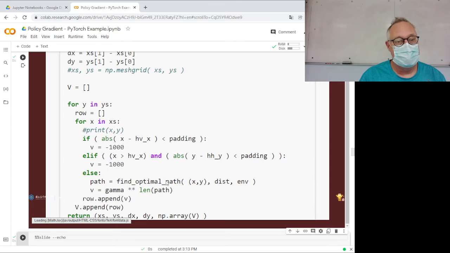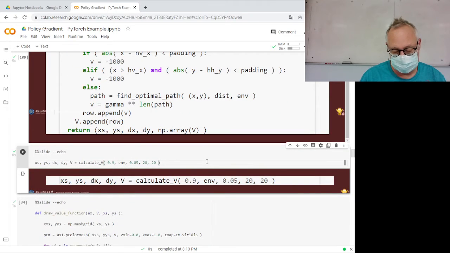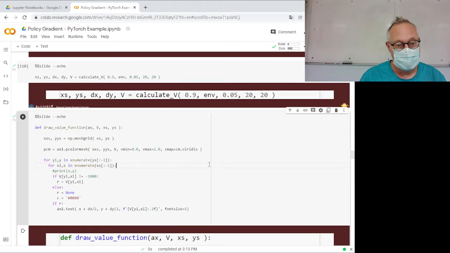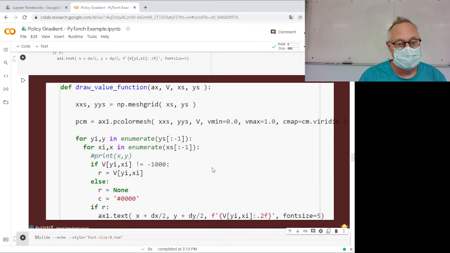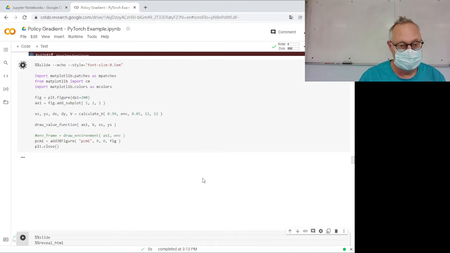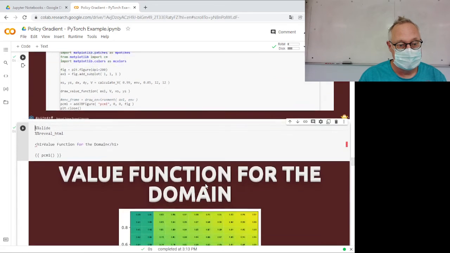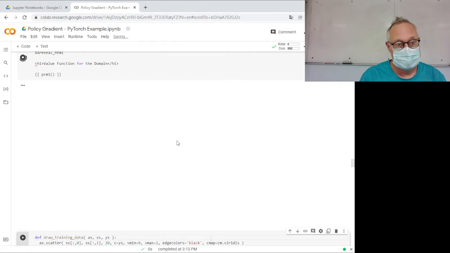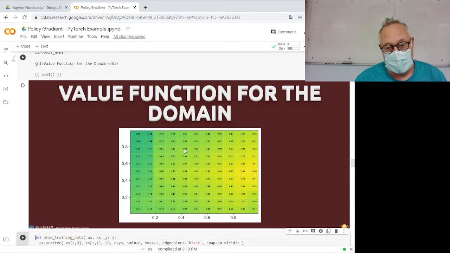So now let's draw the value function. And then this is what we get. So here you can see the discrepancy, the break, the discontinuity in the value function due to the vertical wall.